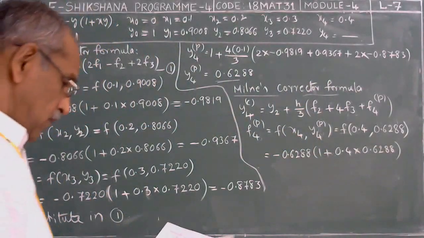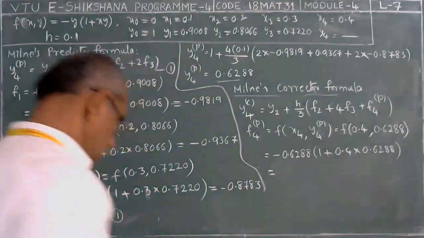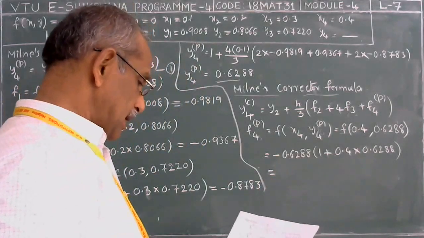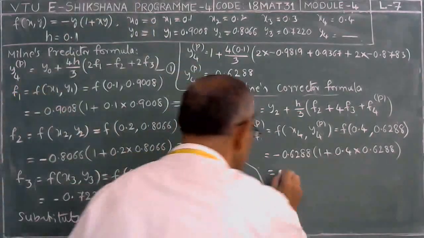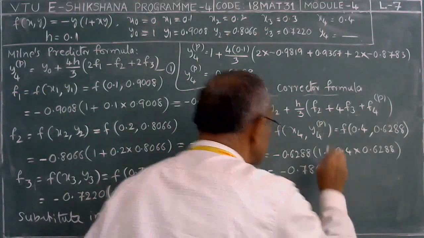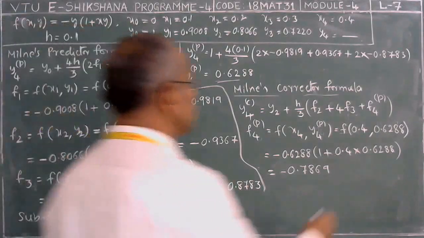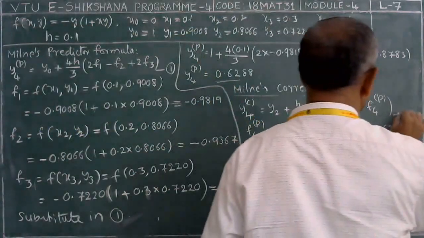If you compute carefully using a calculator, you get f4p equal to minus 0.7869. Call this equation number 2.